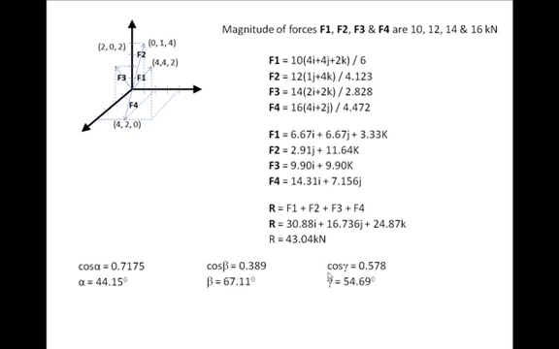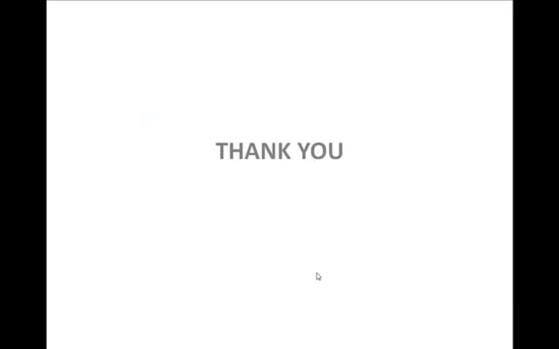So you know the resultant completely, magnitude and inclination with each of these XYZ axes. So what we learned in this video is, given any number of forces, see here 4, there could be many, as long as they are concurrent, this step-by-step procedure you follow, you can work out the resultant in magnitude and direction. Thank you.